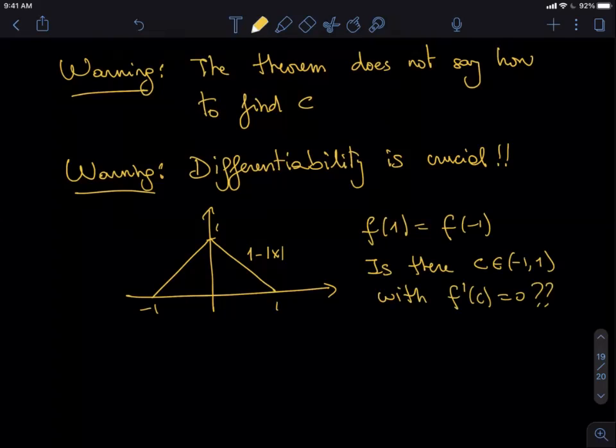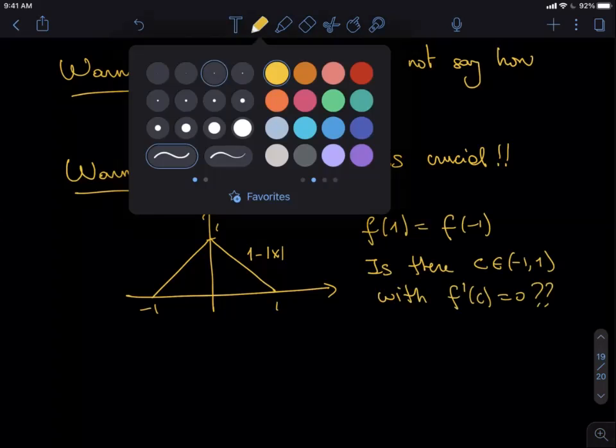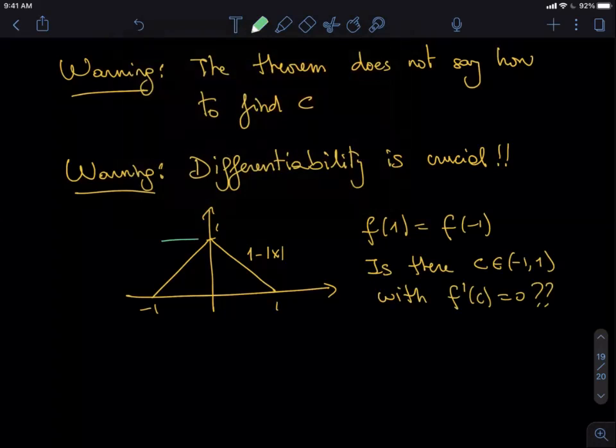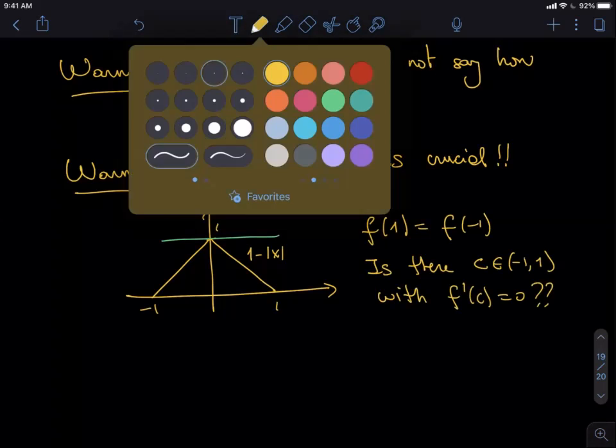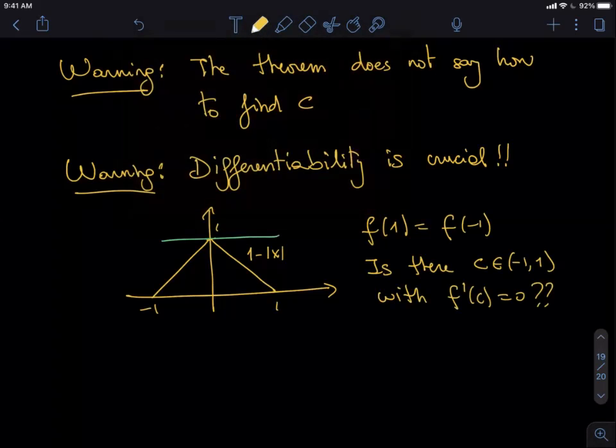The answer is no. Is there a tangent that is horizontal? You can see on the picture, no, because you start with a slope, f prime of x equals 1.